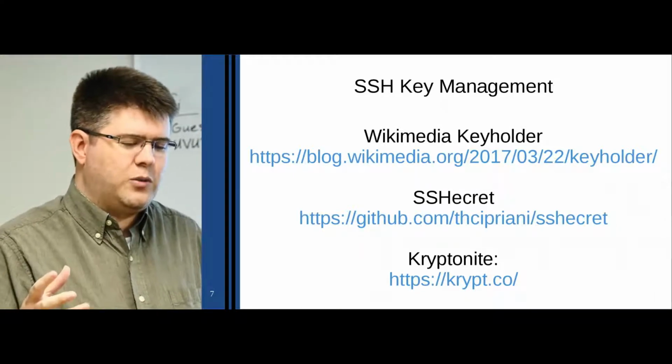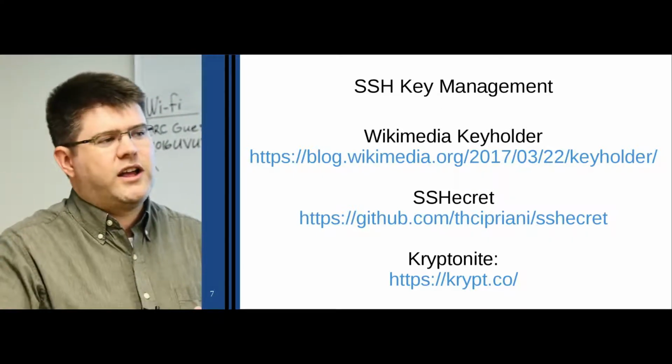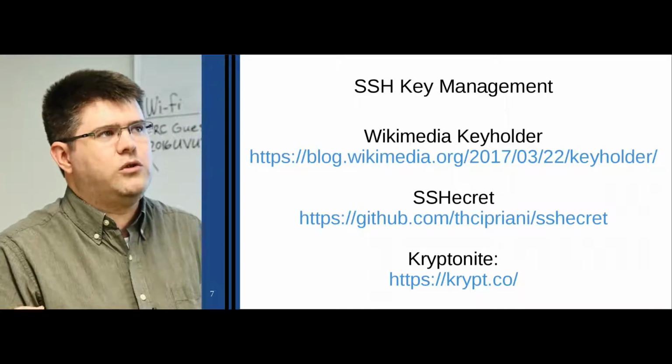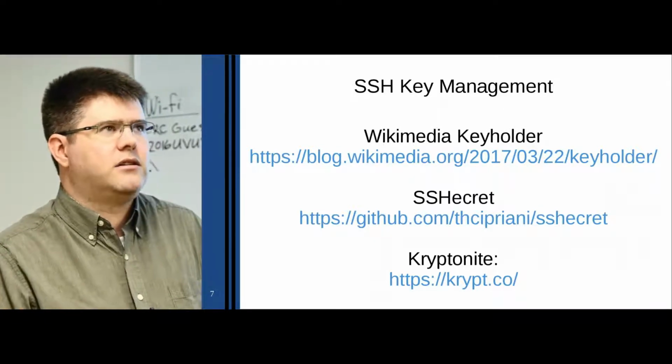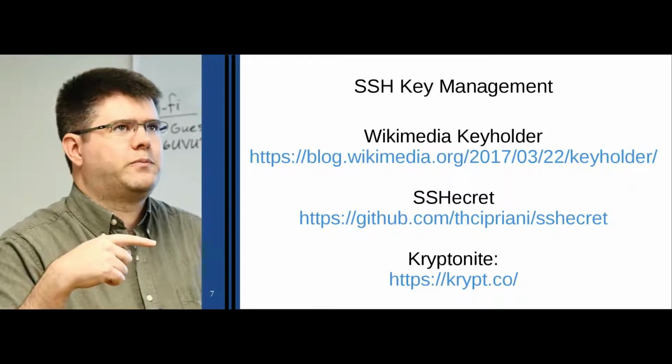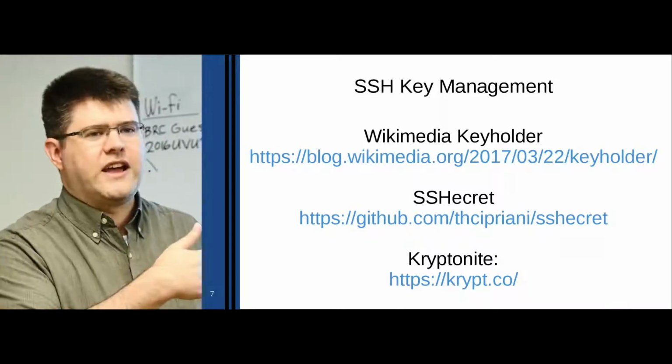And so their answer was, we're going to have someone connect to a jump host. We'll start an SSH agent for that user on the jump host, and then add our trusted private key to that agent, and then let the user use that agent.